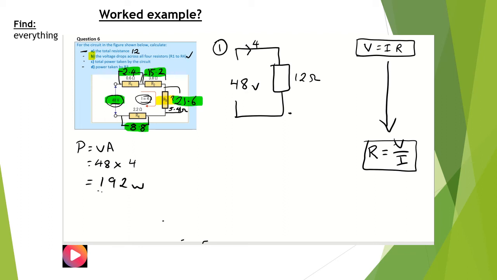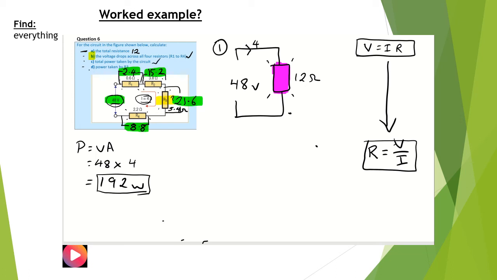So it's 192 watts of electrical energy dissipated in this resistor here. Or we could, if you wanted to, calculate the power dissipated by R1, R2, R3, R4, and we could add those up and you would come to the same answer. Okay, total power dissipated circuit done, 192 watts.